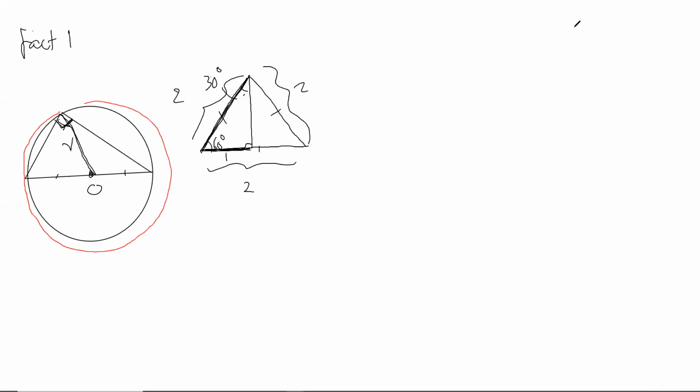The circle has to pass through these three points. If this were not the diameter, then we can draw a diameter from one point to somewhere, right? You agree?